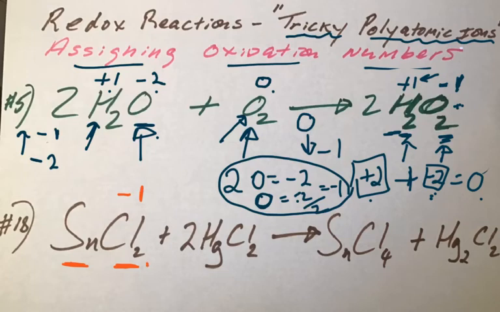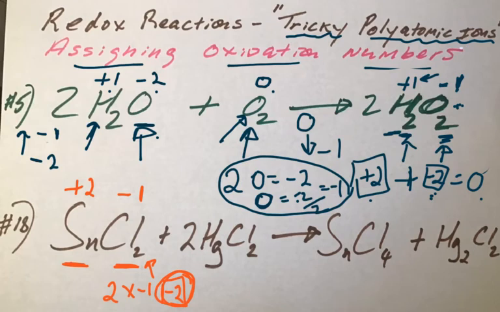Since we have two of them, it's 2 times -1, which is -2. So the question is, what plus -2 gives me 0? It has to be +2. So +2 is for that Sn.